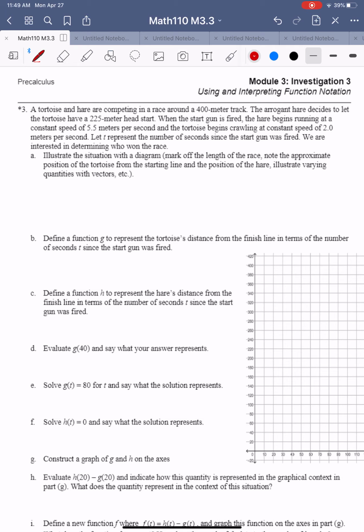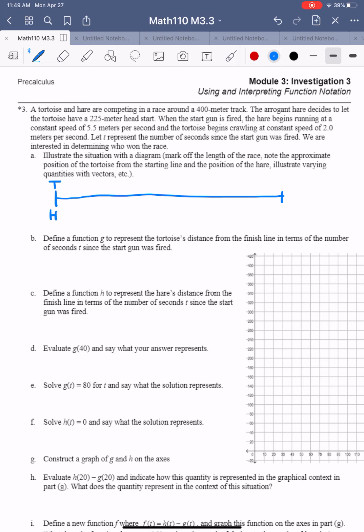A, illustrate the situation with a diagram. Let's draw this. There is the track that these two run on, with Taurus here and the hare here.